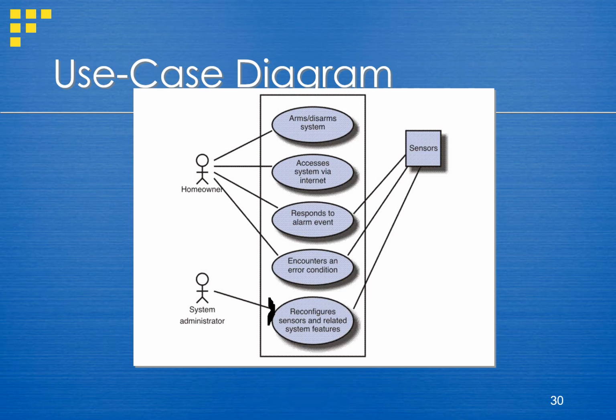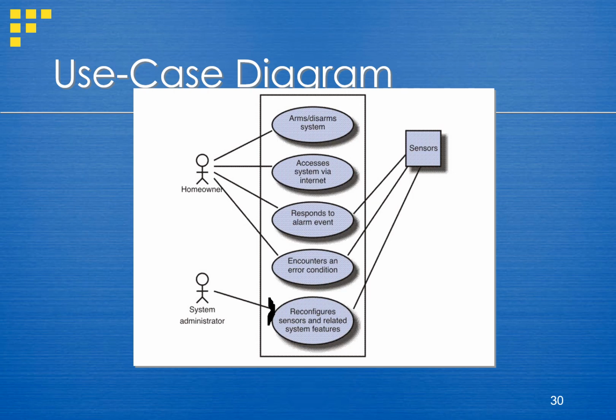Understand that actors, as the name suggests, are not only human beings or living things, they can be systems also. Similarly, on the right hand side I can draw sensors. This is an entity. So you can draw a system, you can draw an entity also as an actor here, but the best way is to use this symbol for an actor.